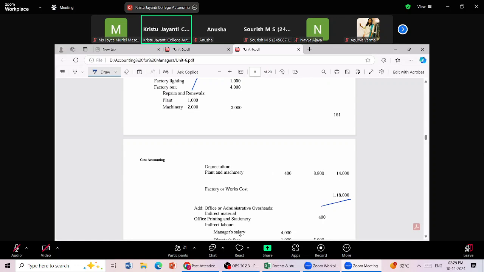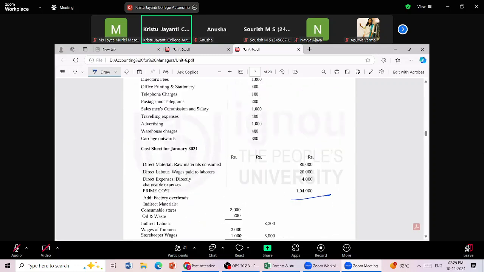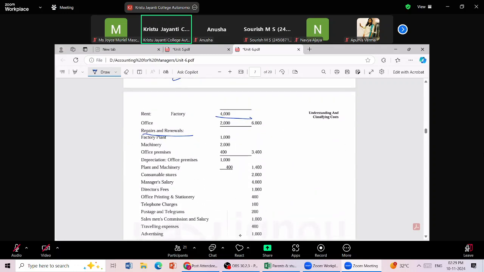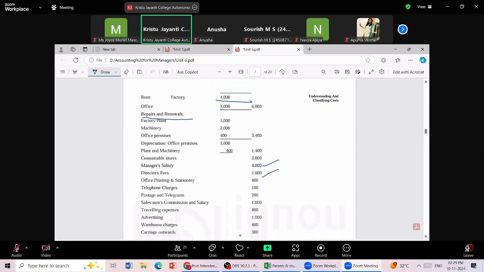So what are the items? Indirect material, printing and stationery. So manager salary, you can see here. Director's fee, manager salary, office expense and stationery. Telephone charges, postage and telegrams. This all you can bring under indirect expense, that is under administrative.